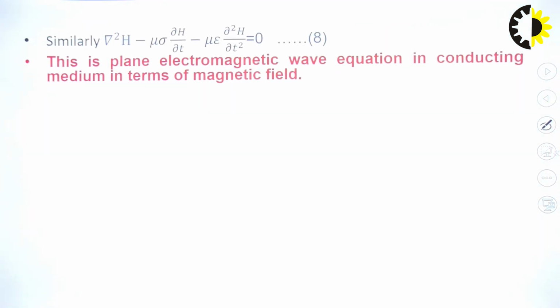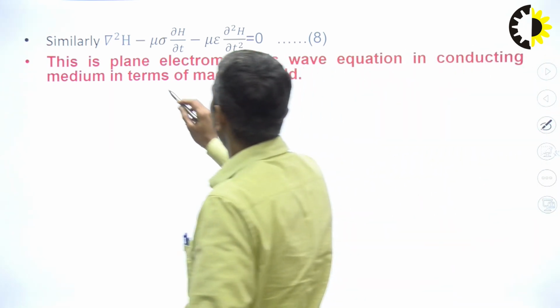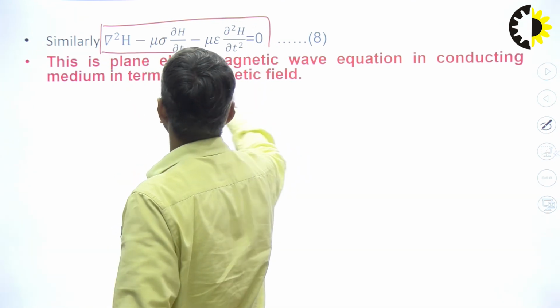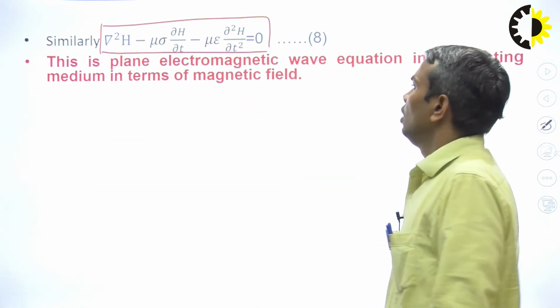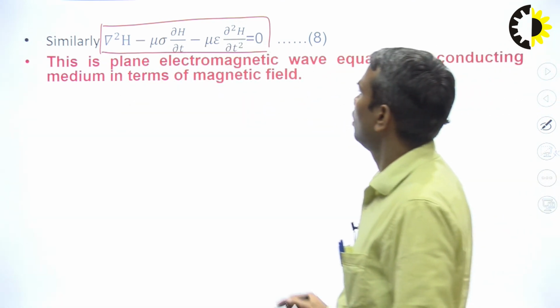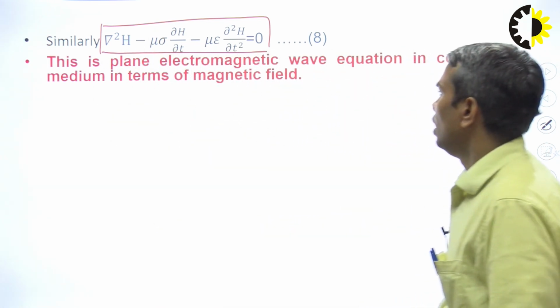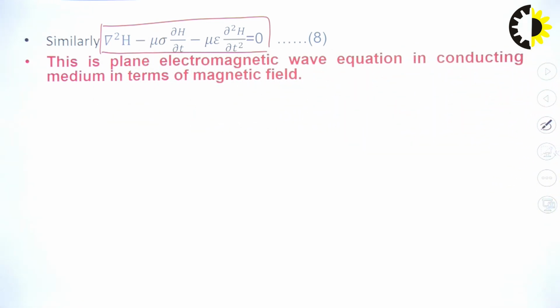Similarly, we can derive wave equation in terms of magnetic field. So this equation, if you see, E is replaced by H, rest other terms are same.